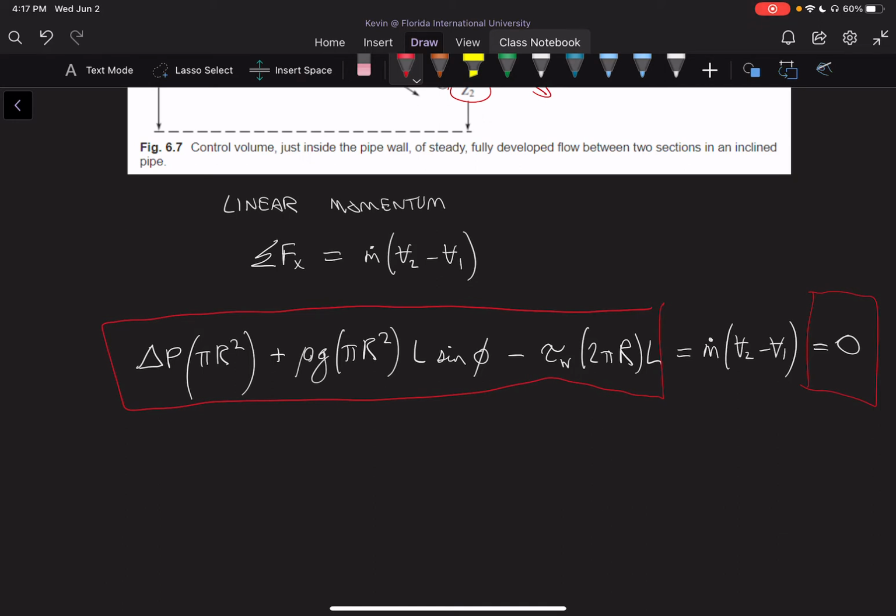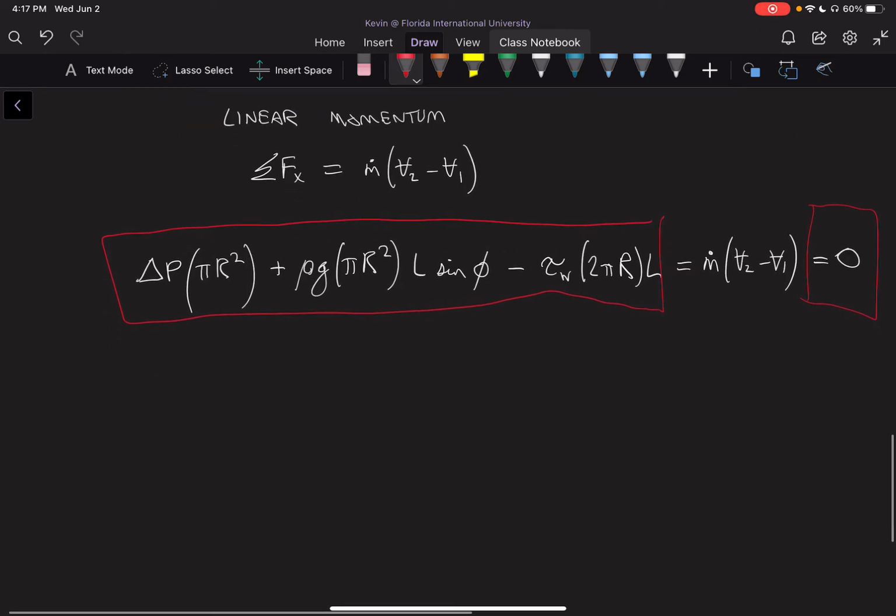So we're just going to use that part of the equation, and write it in terms of tau w. So we're going to say 2 tau w over rho g.